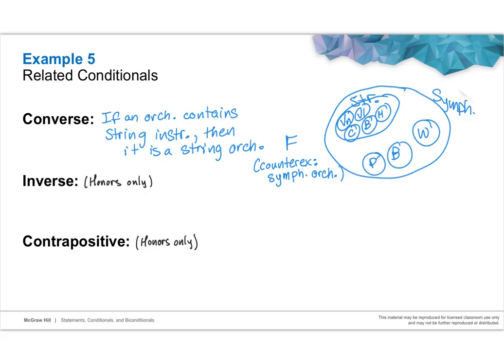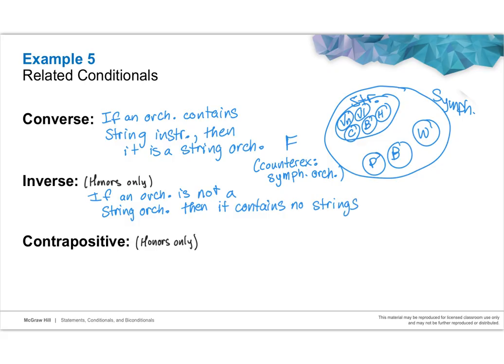If you're an honors student, you also went and did the inverses and the contrapositives. So an inverse would be, remember, the negation. So we would say, if an orchestra is not a string orchestra, then it contains no strings.